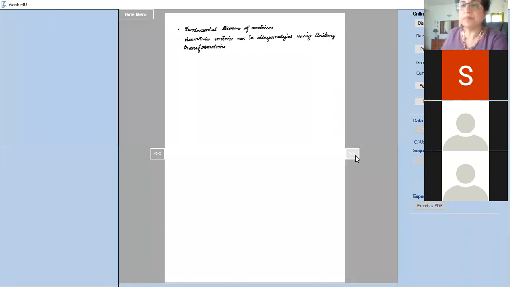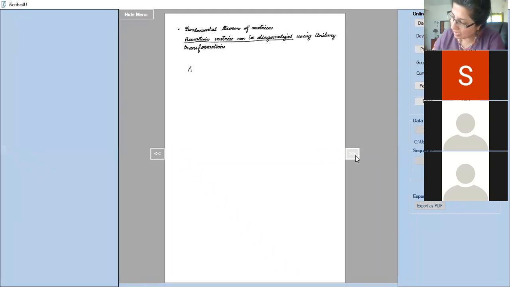Okay, yes. Now, what did I say at that point of time? If you remember, I had said that the unitary transformation doesn't change the physics of the situation, correct? And I hope by now you're all convinced that unitary transformation doesn't alter the physics. So I'm reminding you now that Hermitian matrices can always be diagonalized using a unitary transformation. So without changing the physics, you can diagonalize a Hermitian matrix.